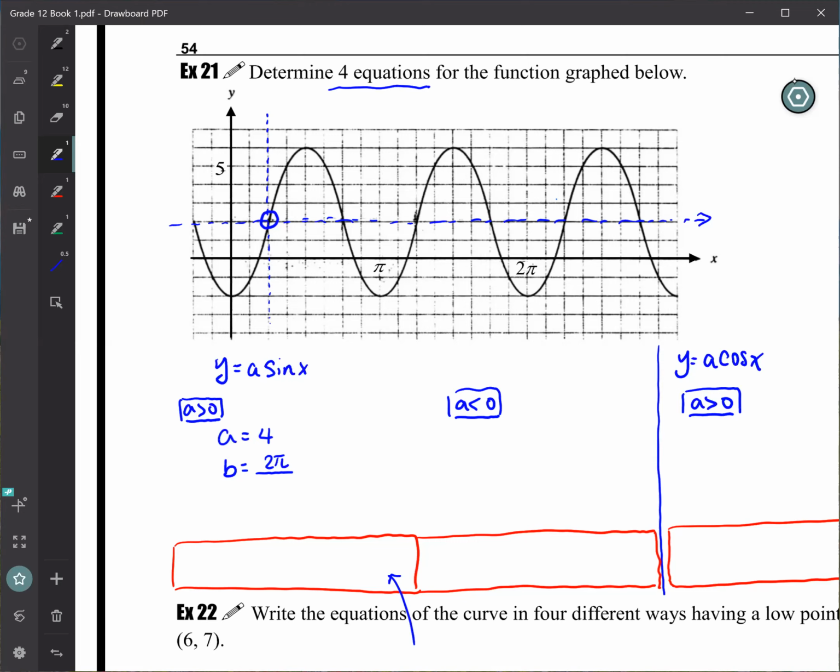I think I counted it wrong. 9. You mean 9 boxes? Yeah. Okay, then let's count. 1, 2, 3, 4, 5, 6, 7, 8. I think 8 boxes. Oh, 8. Yeah, starting from lowest to another lowest, that will be 1 period.